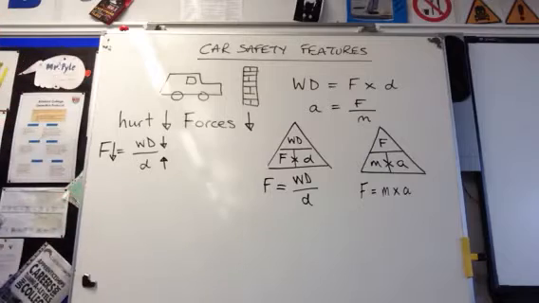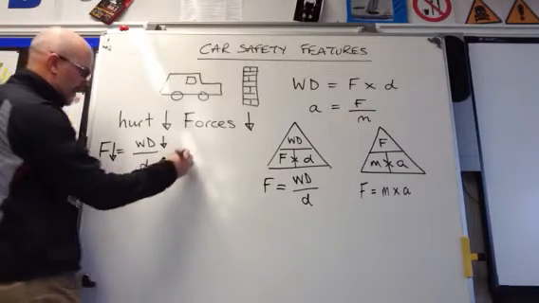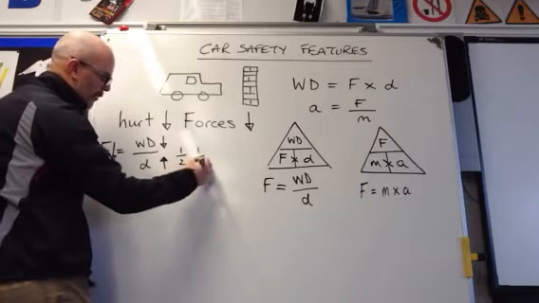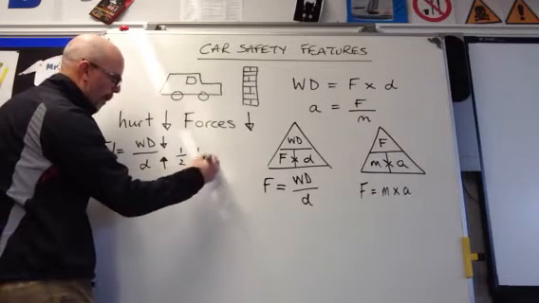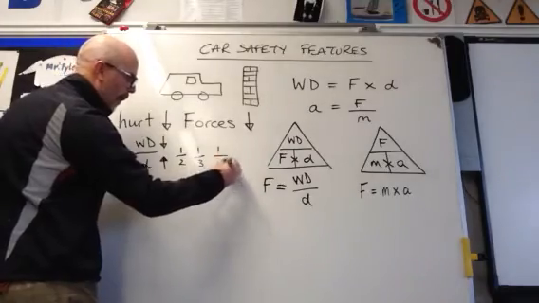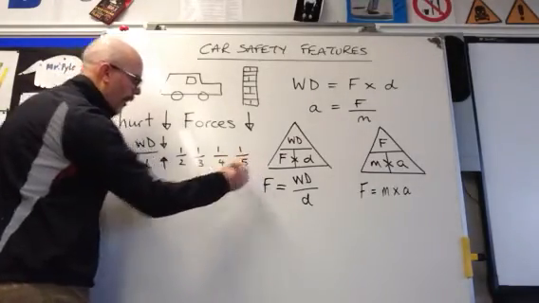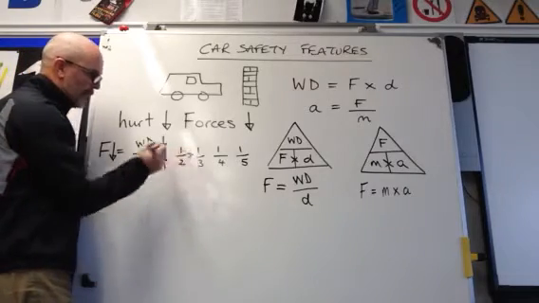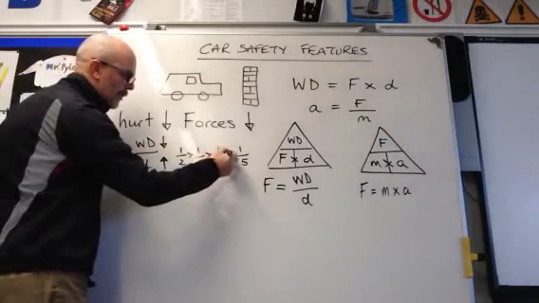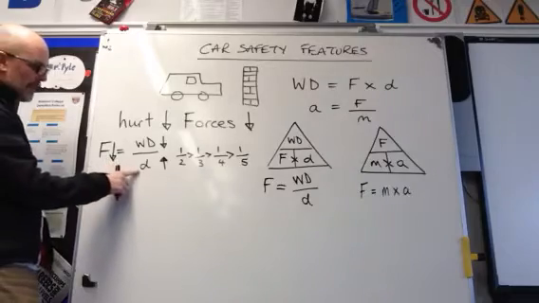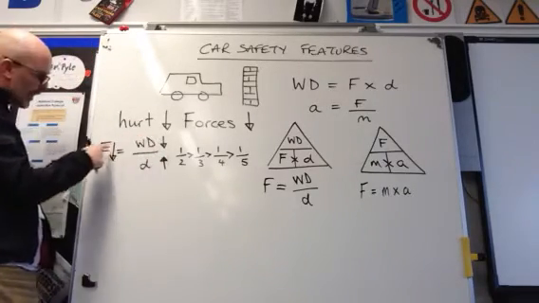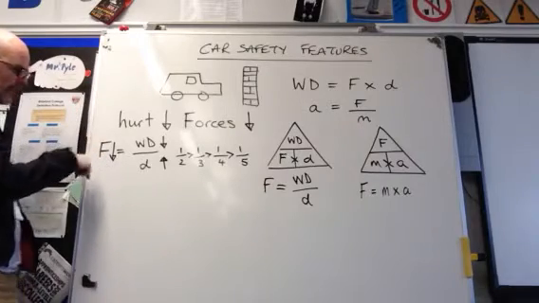If you're not sure what I mean, imagine this number getting bigger: a half is greater than a third, which is greater than a quarter, which is greater than a fifth. So as this number gets bigger, this fraction, which equals the force, is actually getting smaller.